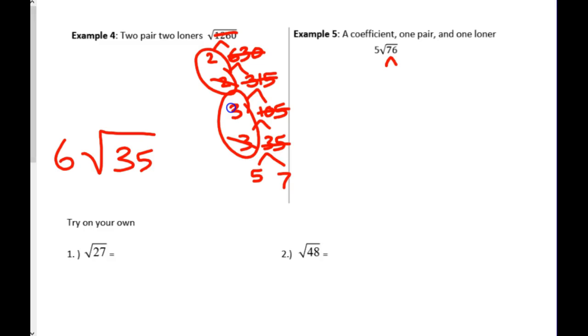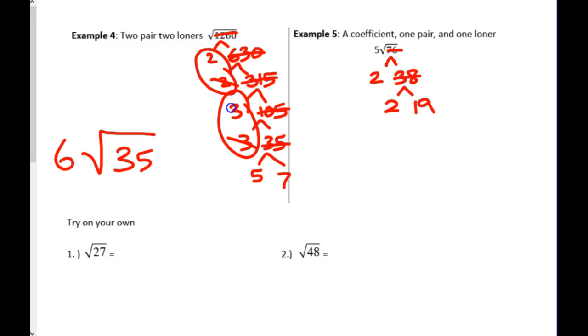So 76, does 2 go into 76? Yes, it does. 2 times what? 38. Okay? Cross out 76, but leave the 5. 38 breaks down into 2 times what? 19.